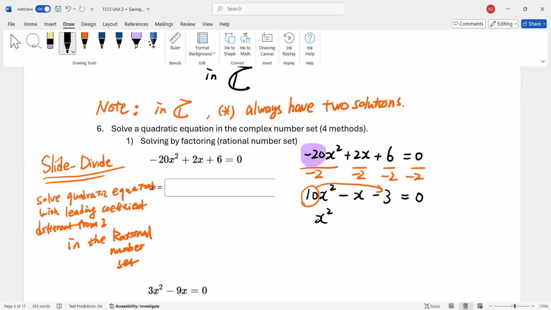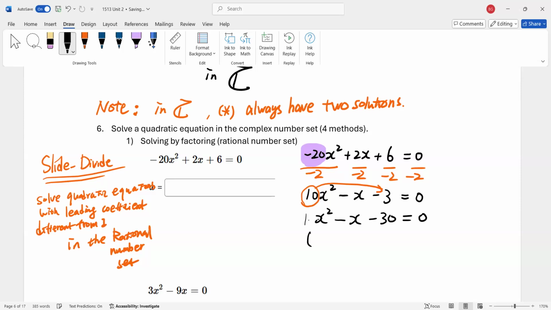So the coefficient of x squared becomes 1. The middle term stayed the same. The constant term was -3, but remember we pushed 10 over there, right? So 10 is going to multiply with -3. -3 times 10 is -30. Okay? And now the left side is a quadratic equation with leading coefficient 1.